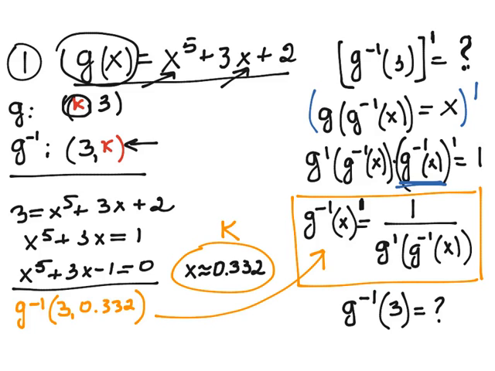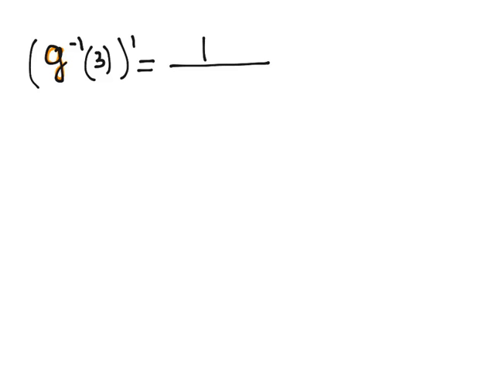So g inverse prime of x, or you can say g inverse of 3 prime equals, and we said that's 1 over, and you put the regular function first, g prime, and then of g inverse of 3.